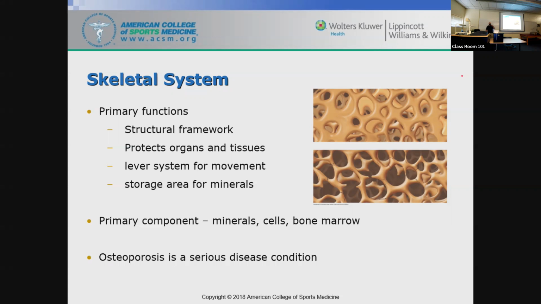Also in the middle, going down to the primary components, but the minerals, the cells, what's known as the osteocytes, or the bone cells, and also bone marrow, which is where blood cells are created.